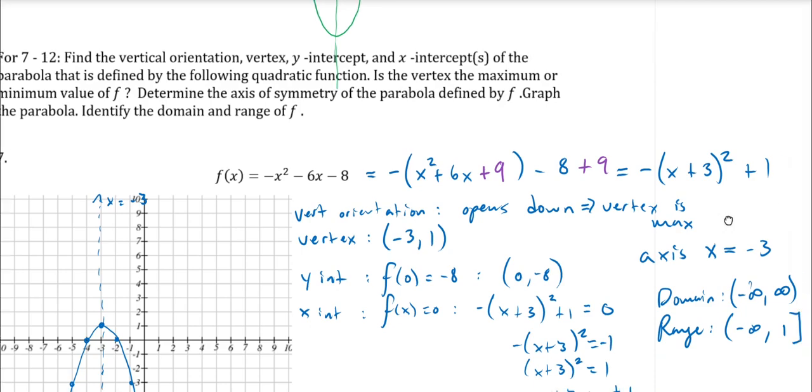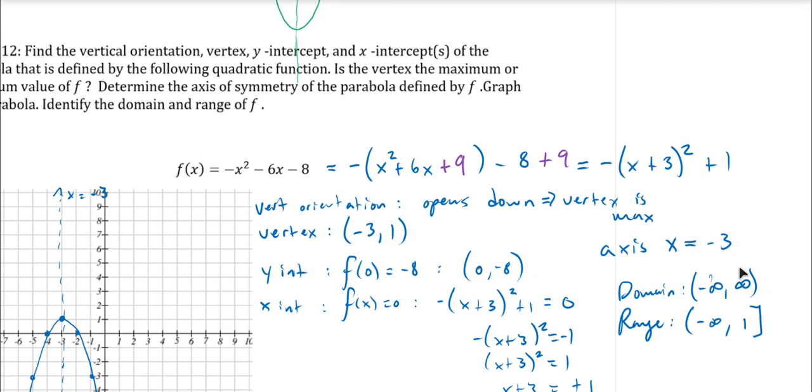We also can straight away say things like the domain, range, and axis of symmetry. The axis of symmetry for parabolas that we'll be looking at is going to be a vertical line that cuts through this particular x value. So we describe that with the line x = -3. The domain of all polynomials, including these quadratic parabolic polynomials, is going to be -infinity to +infinity.